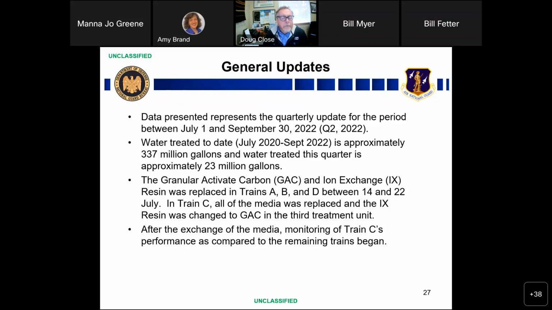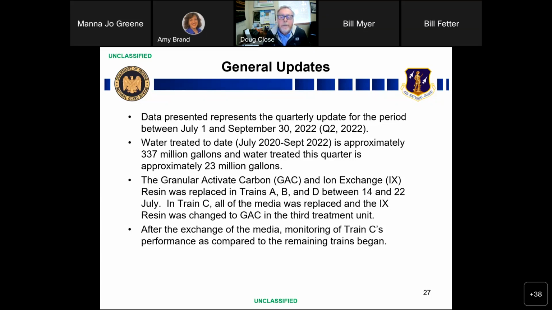The granular activated carbon and the resin was replaced in a media exchange in mid-July, July 14th through the 22nd. We utilized our original configuration of GAC and resin in trains A, B, and D. And in train C, we took the opportunity to put in all carbon media so we could do a comparison, an all-carbon train against our carbon-resin trains.